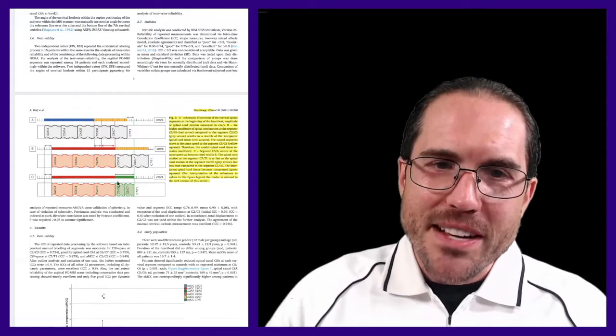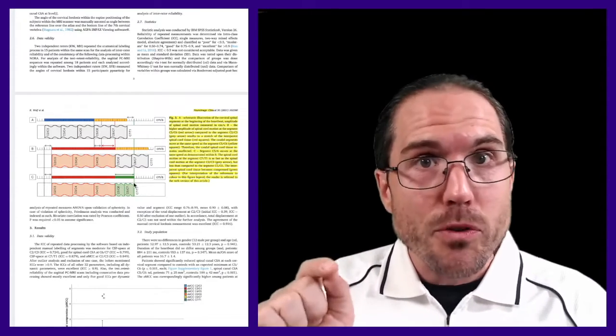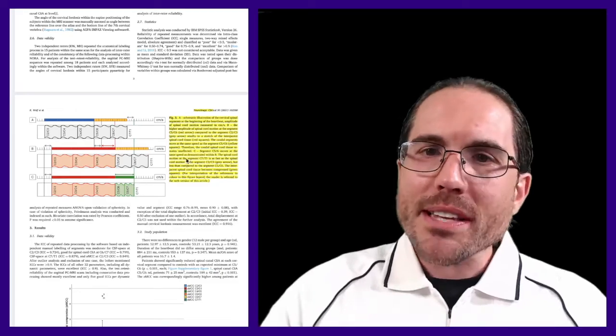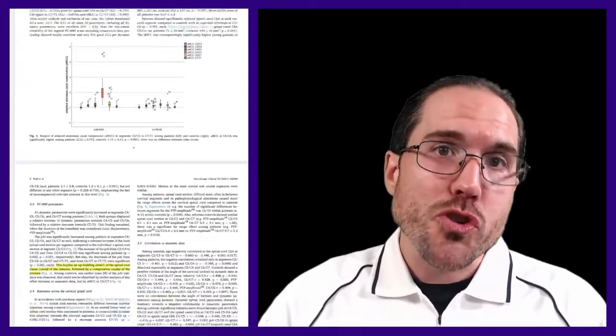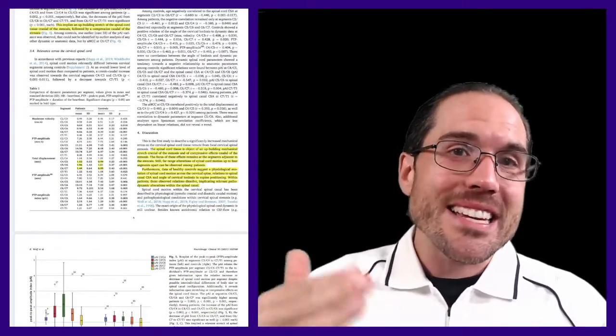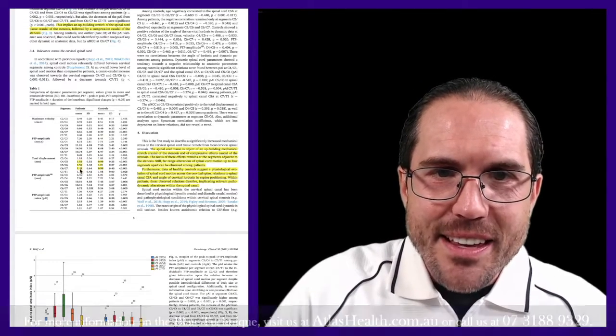Not just do you have that disrupted function then at the level where the lesion was, but what they found is that it actually will transfer at least 3 vertebral levels up. That's what they're having a look at right here. They're looking to see how much additional stretch is occurring at the adjacent levels.